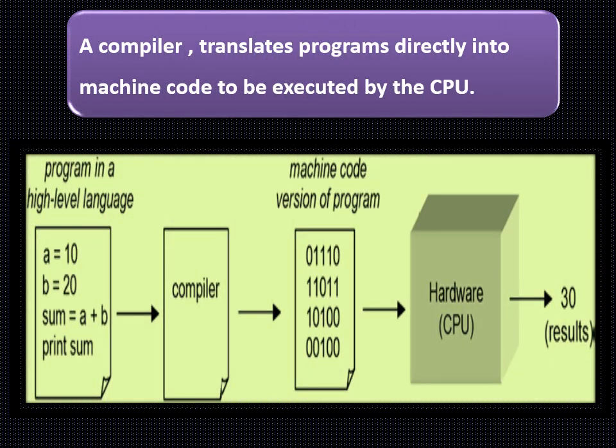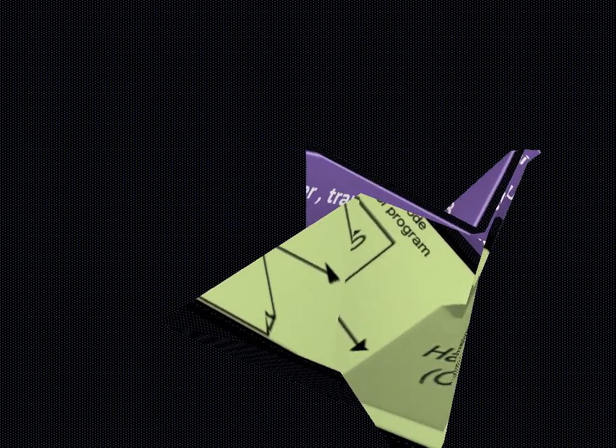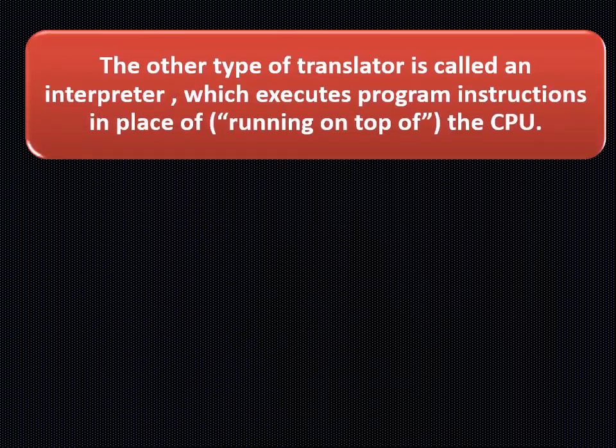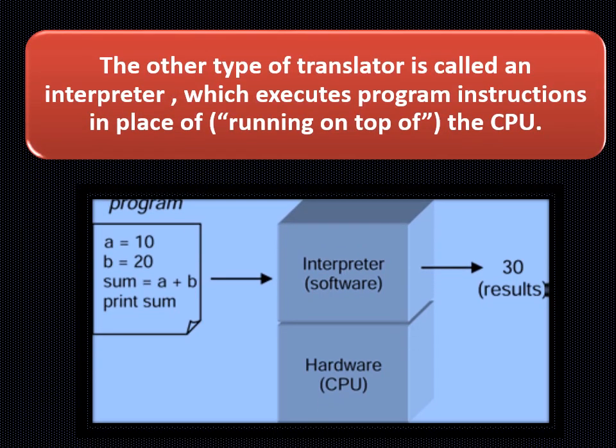A compiler translates programs directly into machine code to be executed by the CPU. The other type of translator is called an interpreter, which executes program instructions in place of the CPU.